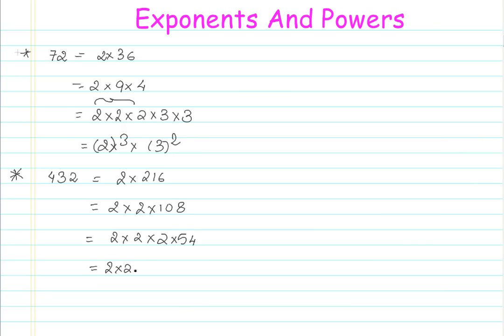This can be further broken down into 2 into 27, and 27 is 3 into 9, which is 3 into 3 into 3. So 2 is multiplied 4 times, so I can say this is 2 to the power of 4, and 3 is multiplied 3 times, so it's 3 to the power of 3. As 2 and 3 are prime factors, this representation is the prime exponent form for the number 432.